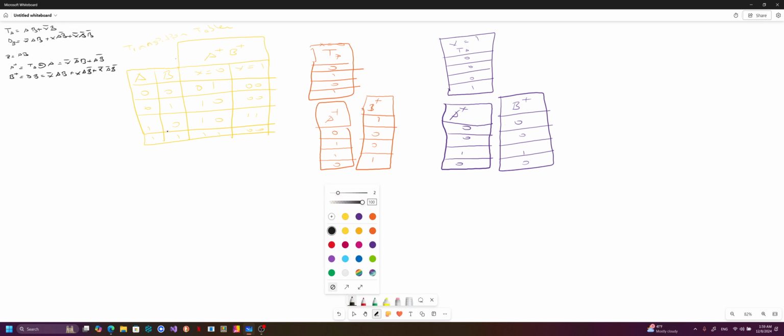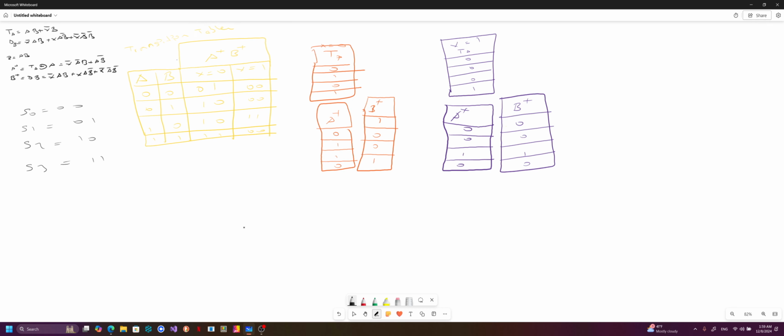For the state table, we need to have nodes. S0 equals 0, 0. S1 equals 0, 1. S2 equals 1, 0. S3 equals 1, 1. For the state table, we're going to come back here, change the color to, let's say, purple, now green. State table.